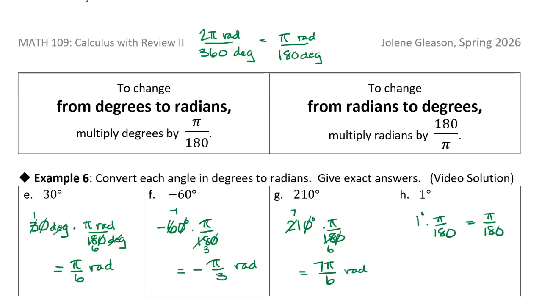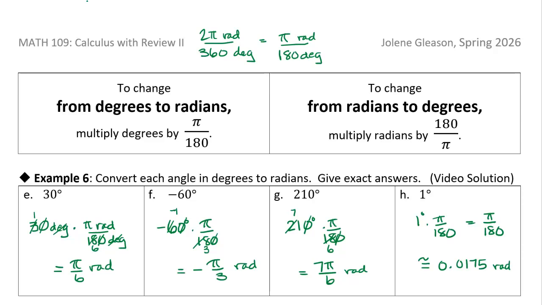Now, pi is a number. I'm writing these all in exact form, but pi is 3.1415926, and so on. It goes on and on. So I could put this in my calculator and get a decimal approximation if I wanted to. So 1 degree is about, putting this in my calculator, taking pi and dividing by 180, I get 0.0175 if I round it off to 4 decimal places, radians.